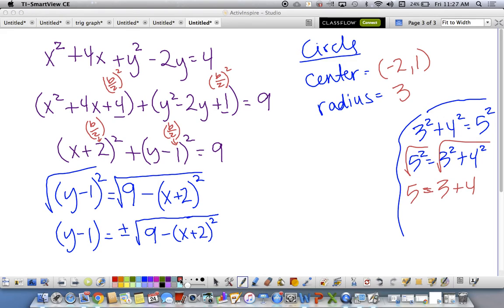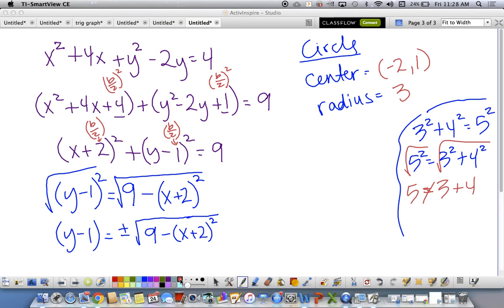You tell me that 5 equals 3 plus 4? No, 5 does not equal 7. If there's a plus or minus, this just means it's a symbol of inclusion that you have to do together before you can take a square root.